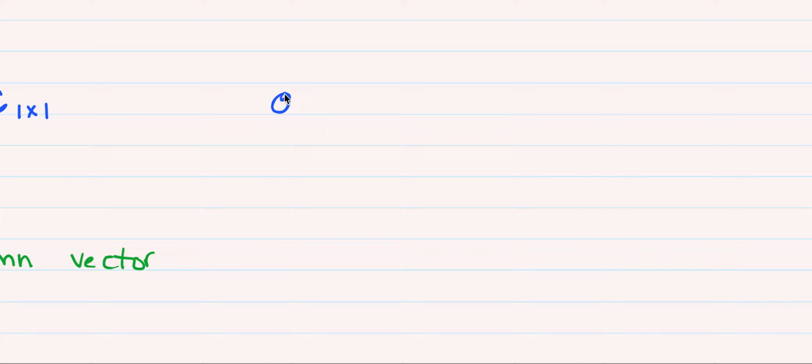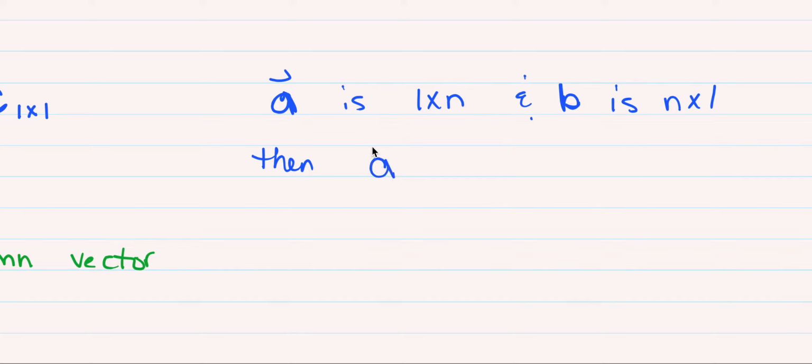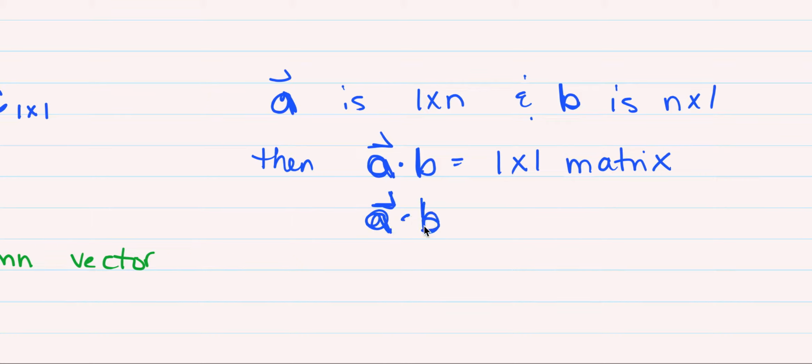So if A is 1 by n and B is n by 1, then multiplying A with B is a 1 by 1 matrix, and this gives us the sum from i is 1 to n of A1i times Bi1.